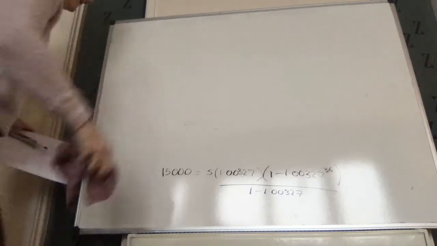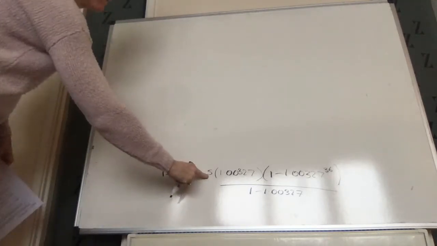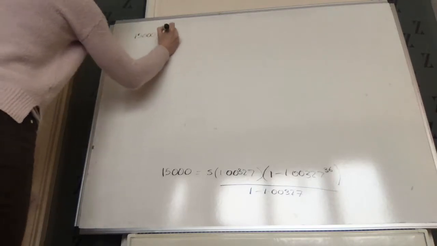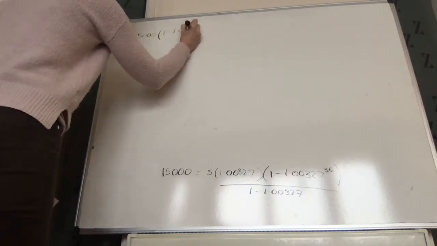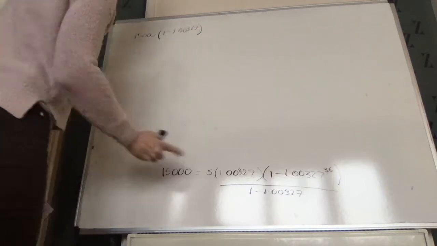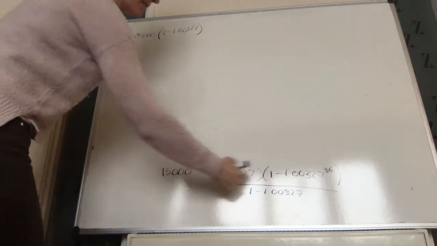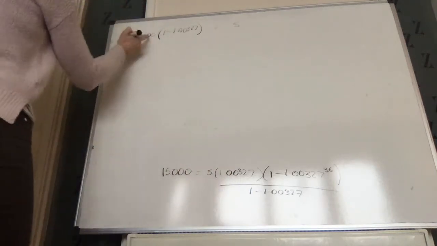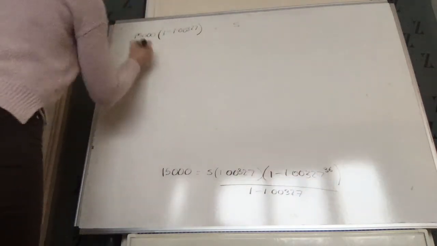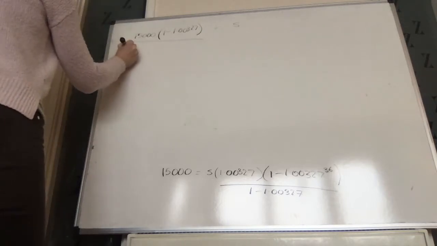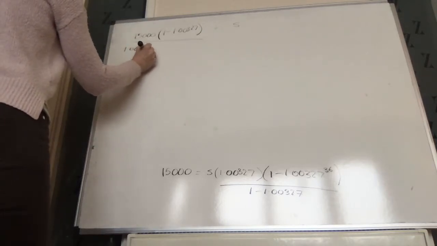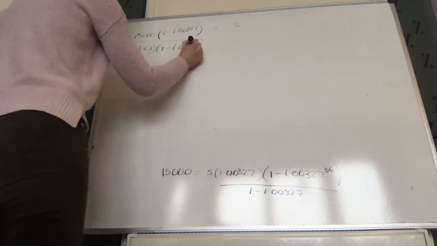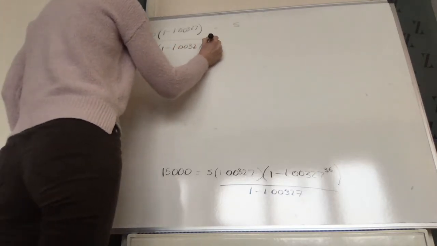Okay, so S, we multiply both sides by that, so 15,000 multiplied by 1 minus 1.00327 is equal to S times all of that. So S is this divided by this piece here, divided by 1.00327 times 1 minus 1.00327 to the power of 36.